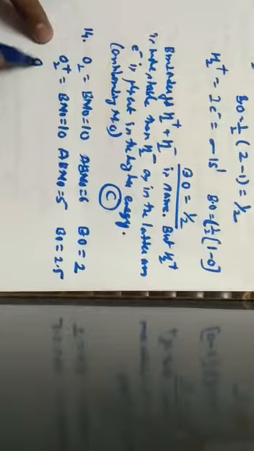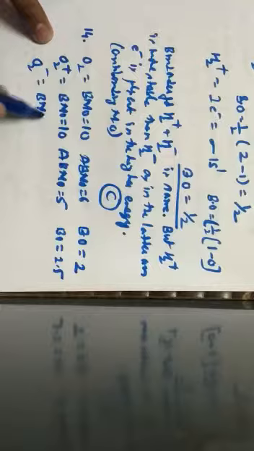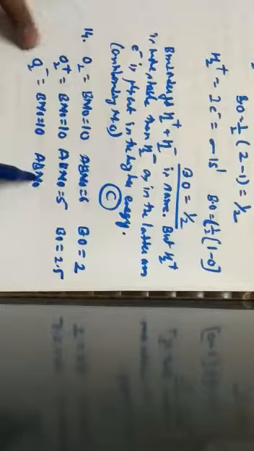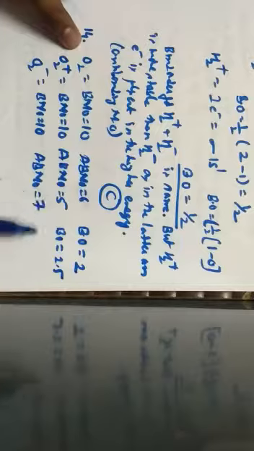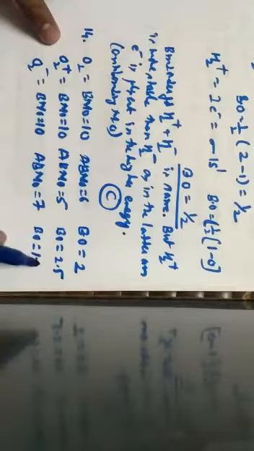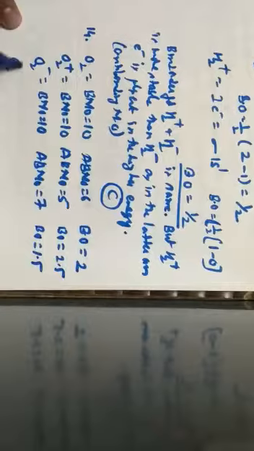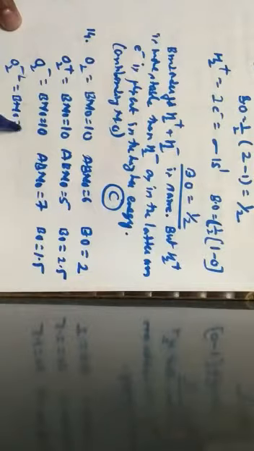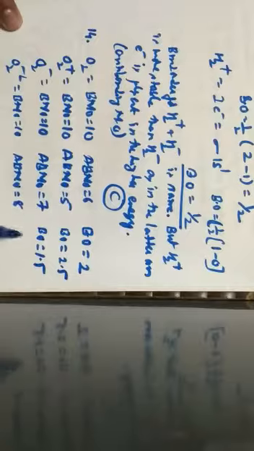And the third one is what? O2 minus. So bonding molecular orbital electrons will be the same, that is 10. So anti-bonding electrons for O2 minus, an increase in electron, will be 7. So here the bond order comes out to be 1.5. When it comes to O2 minus 2, the bonding molecular orbital electrons are 10 and the anti-bonding electrons are 8.